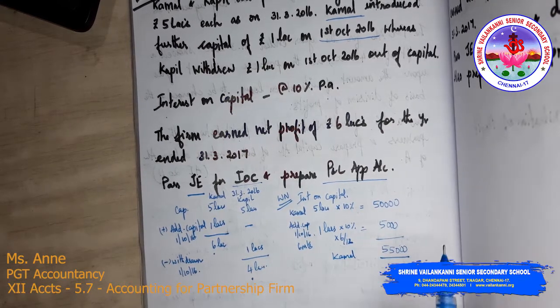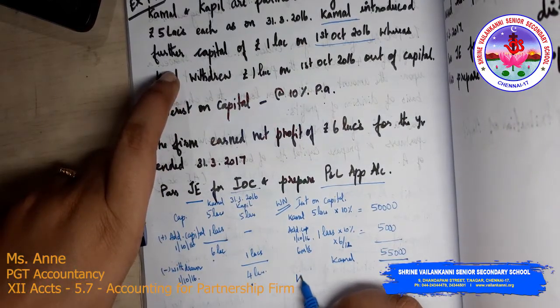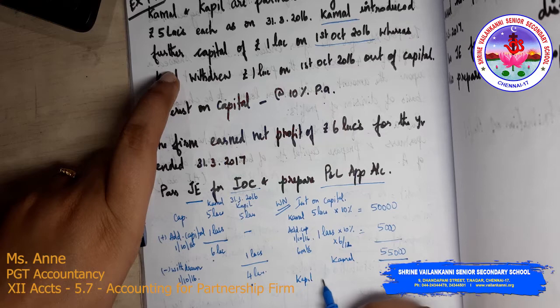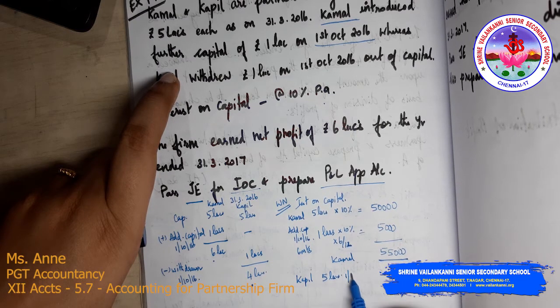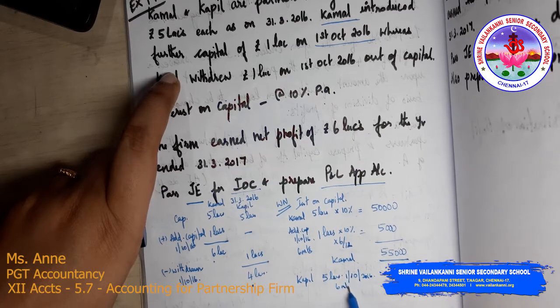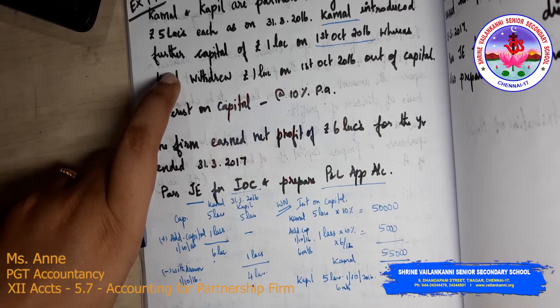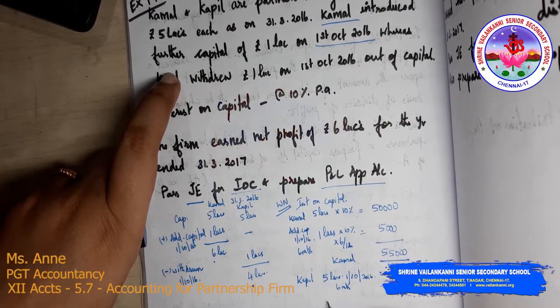Am I right? Now similarly we need to do for Kapil. Kapil had 5 lakhs till 1/10/2016, which is for 6 months, and he has withdrawn 1 lakh from that. After 1/10/2016 his capital would have been 4 lakhs.